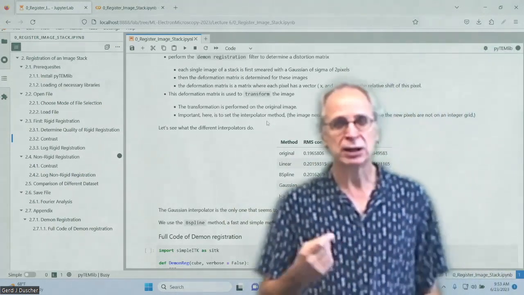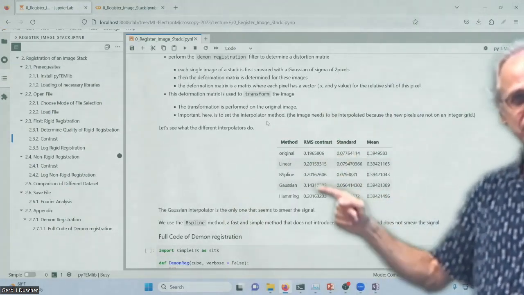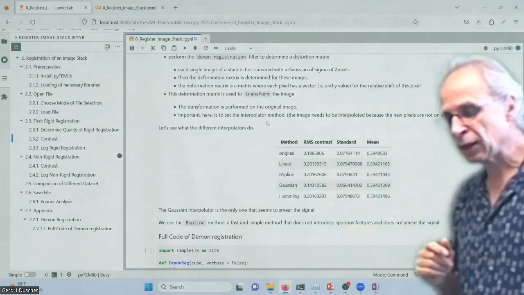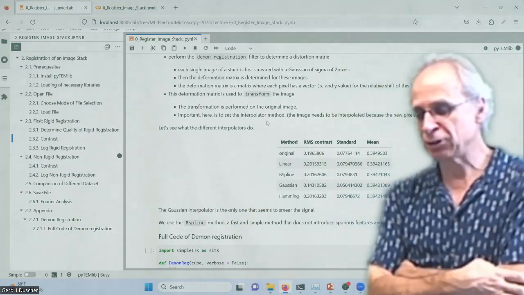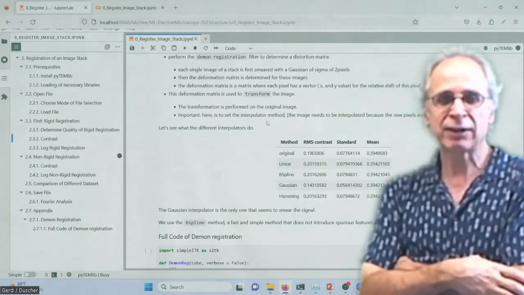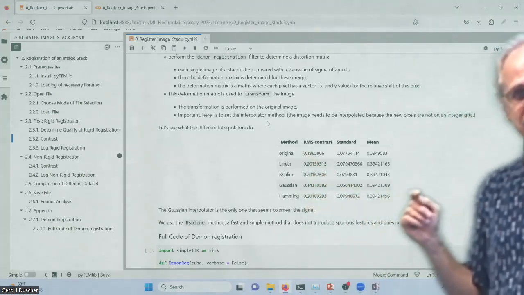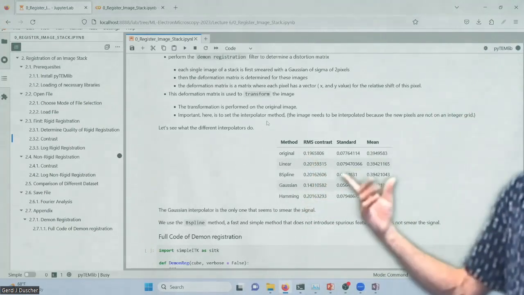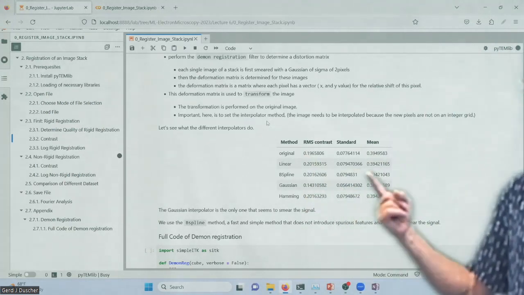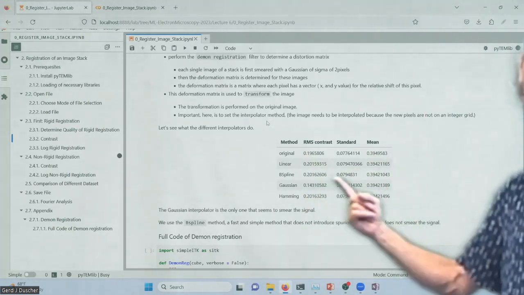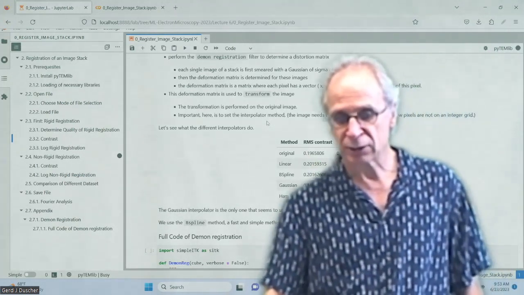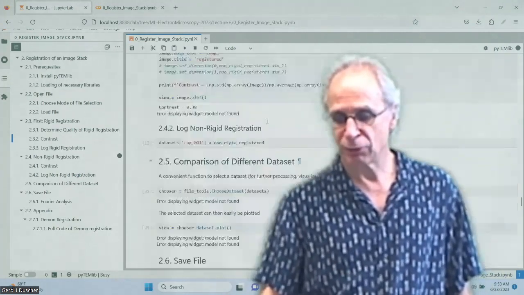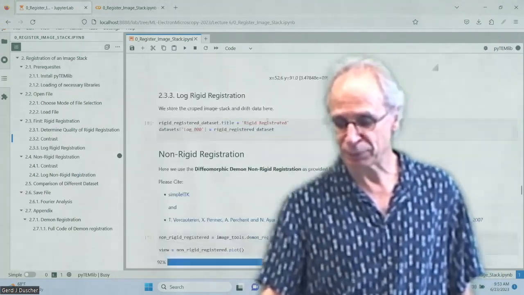So they have different ways of transforming that. And if I do that for different ones, then you can look at the roughness, accuracy of that, right? And you see that the fastest one that does not introduce any kind of artifacts is actually the B-spline. That's the most accurate one for our types of images. And so that's what I'm using. You're very welcome to try all of those out.